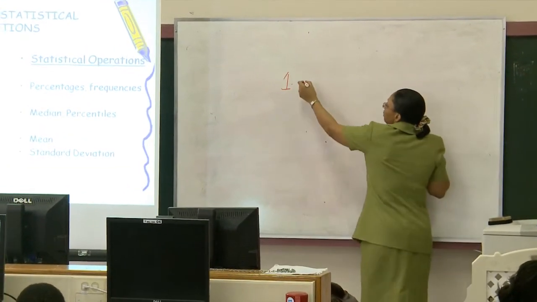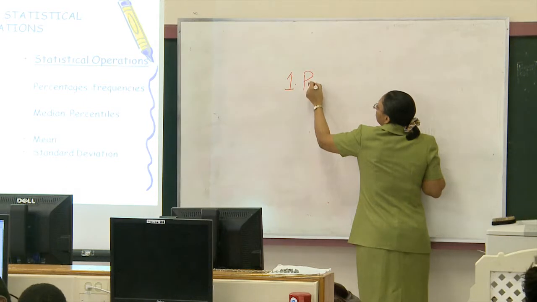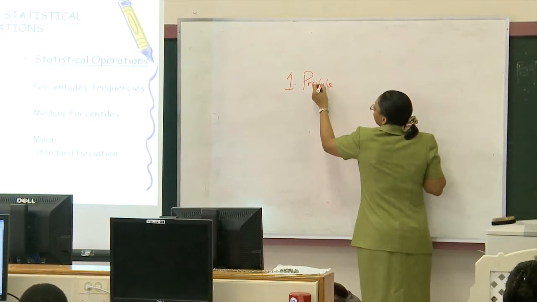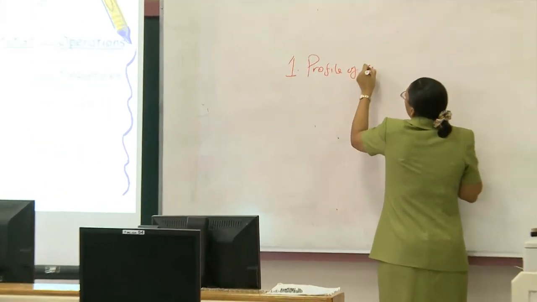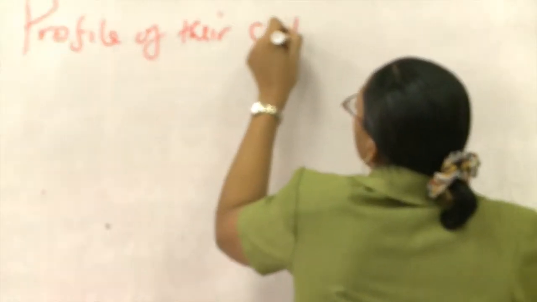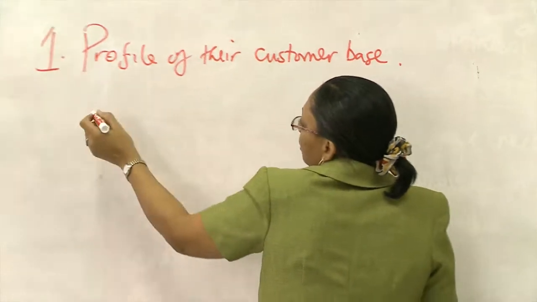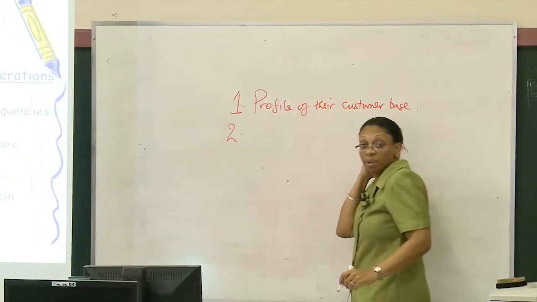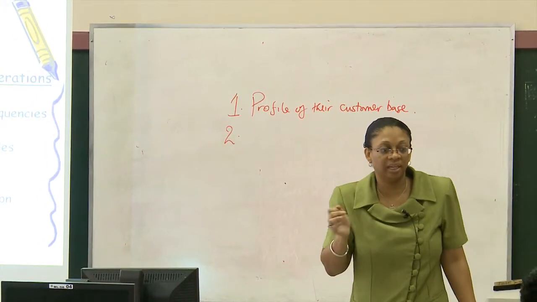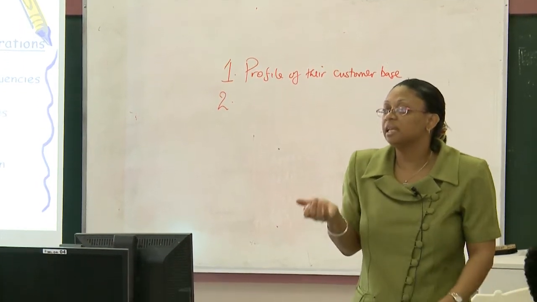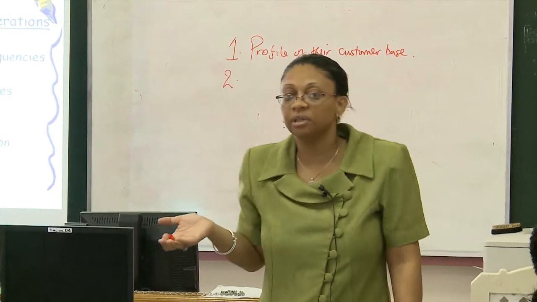They may want to do a profile of their customer base. I've given you the first one. Anything else? They may want to profile their customer base, so they can profile it demographically, psychographically, or behaviorally.